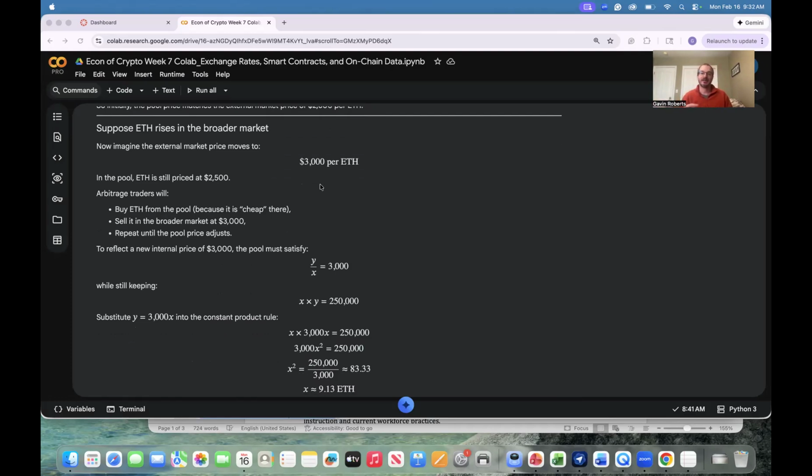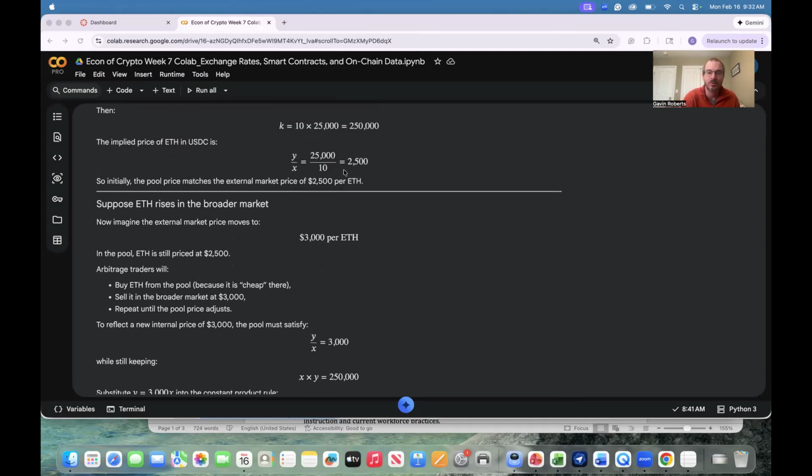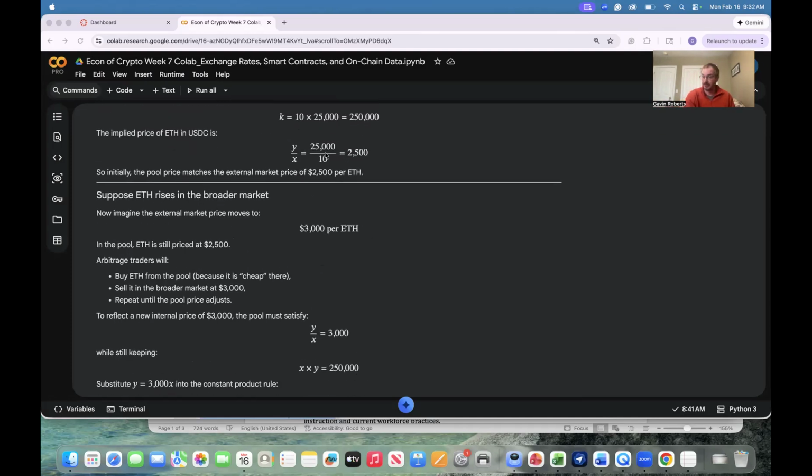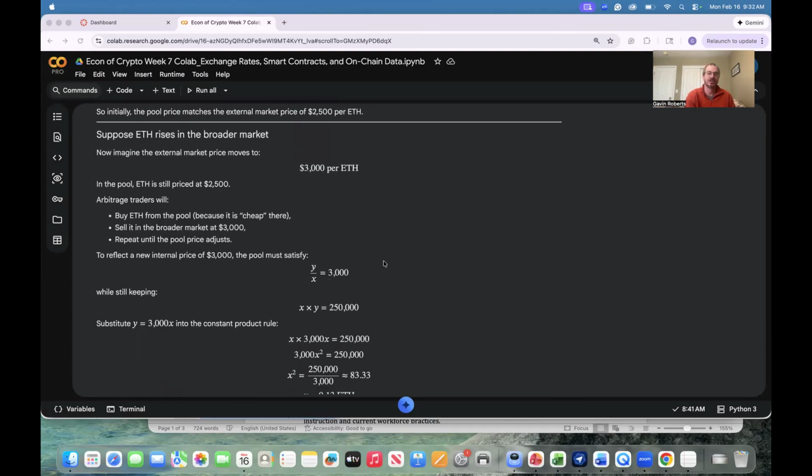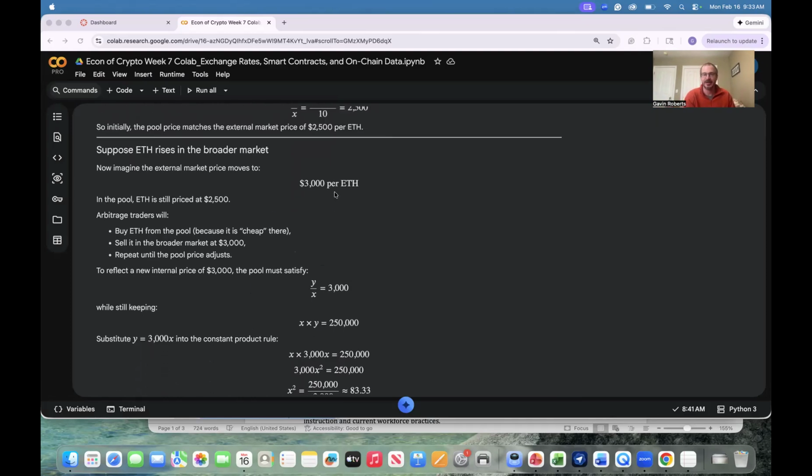So just by the self-interested actions of people who want to make money, the pool price and this ratio will change in a way that goes to the market price, because they will want to stop doing this. And they'll be doing this instantly, basically. They'll want to stop once this price equals this price, because it will no longer be profitable.